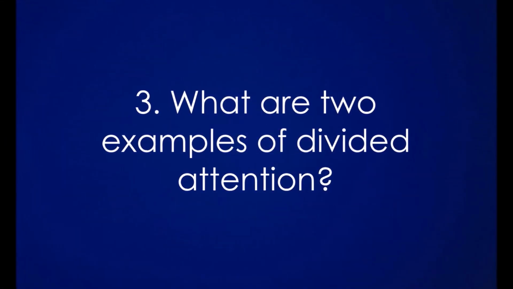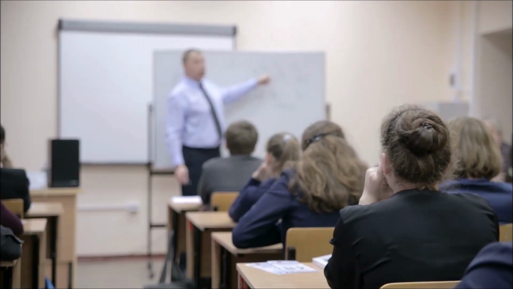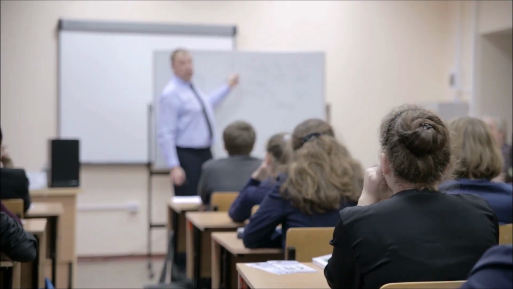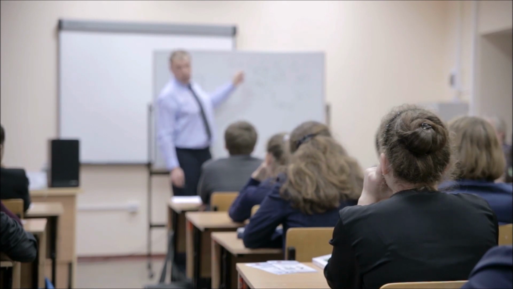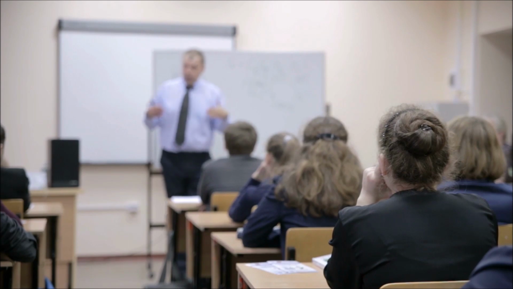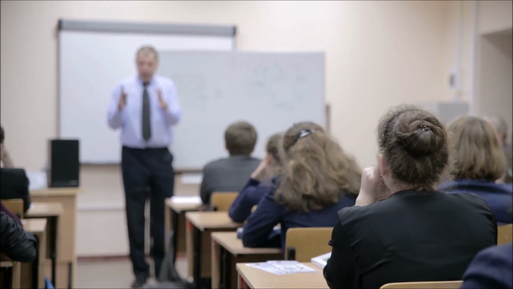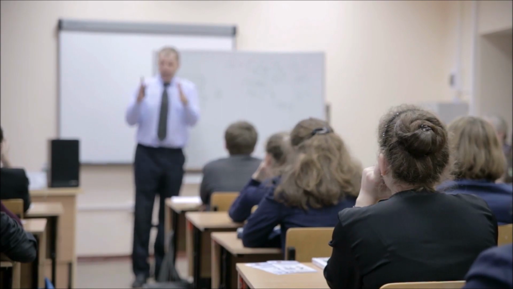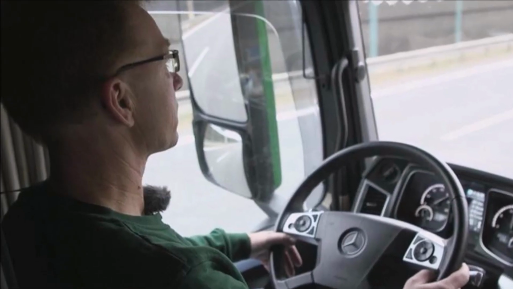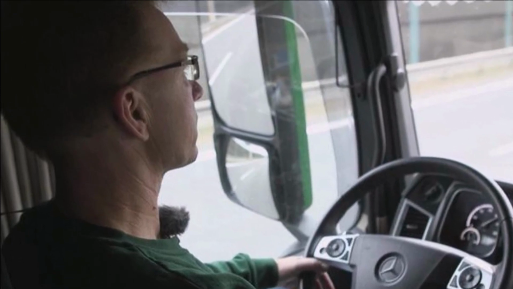3. What are 2 examples of divided attention? Firstly, understanding what the teacher is saying while reading the board and taking notes is one example of dividing your attention. Having this ability is essential to successful learning. Secondly, imagine a truck driver driving on the freeway and starts passing someone.